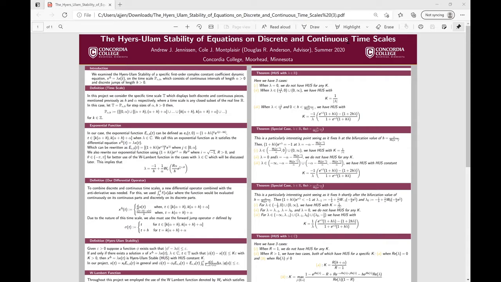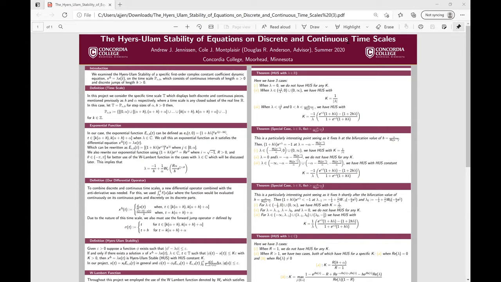So our differential operator specifically, we had to combine two timescales because normally discrete and continuous do not work well together. So we actually defined a new differential operator. And for this, we use continuous differentiation where it could be evaluated continuously and discrete on its discrete parts.